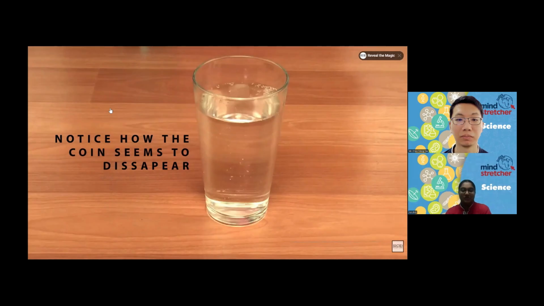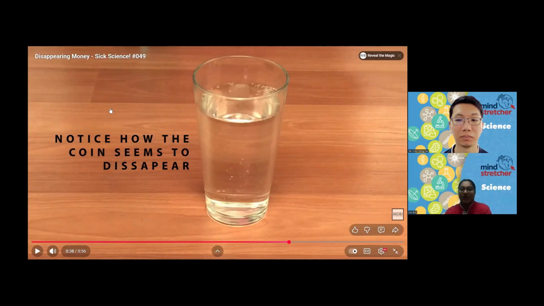Oh, magic. Where did the coin go? Okay, can you see actually the coin is right there, but what happened? Why did the coin disappear? Okay, please think about that, okay?